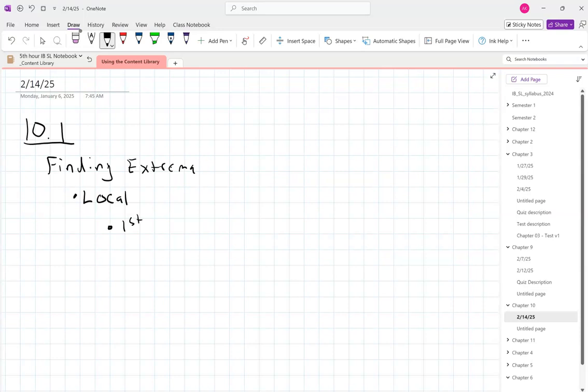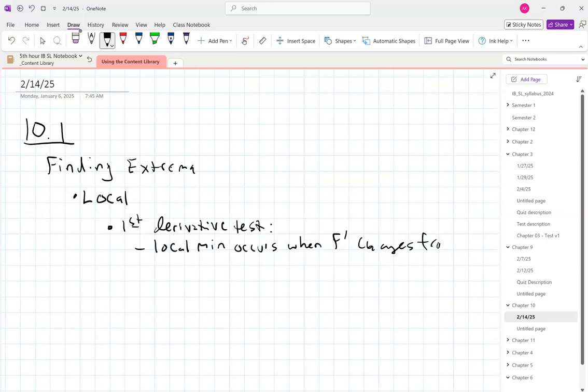I can do the first derivative test, which says that a local minimum occurs when the derivative changes from negative to positive, and a local max occurs when the derivative changes from positive to negative.